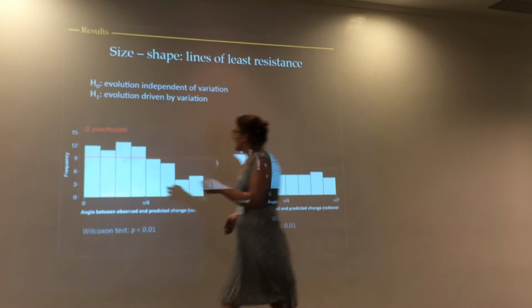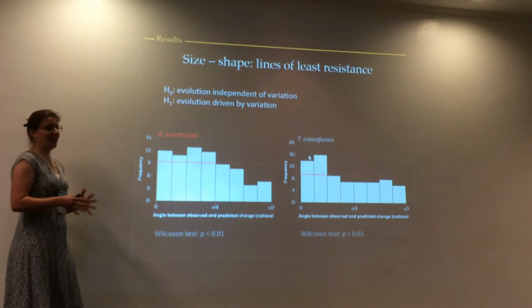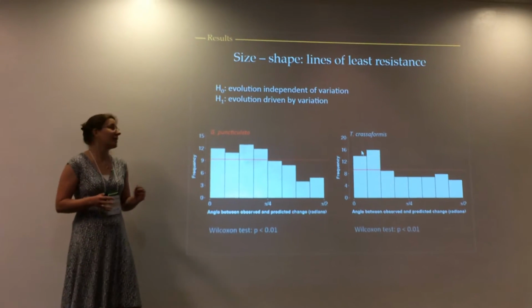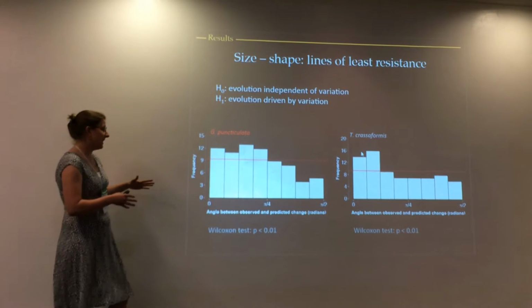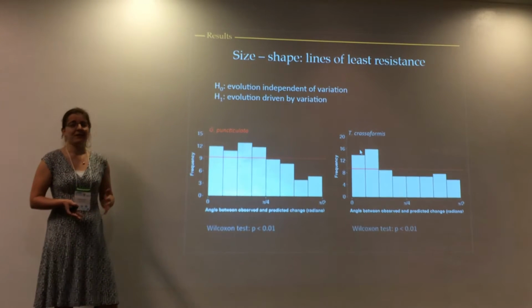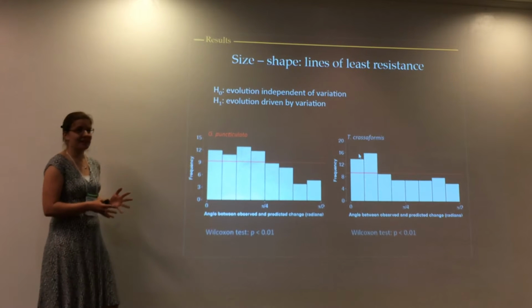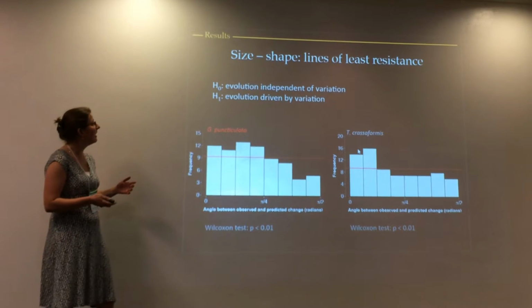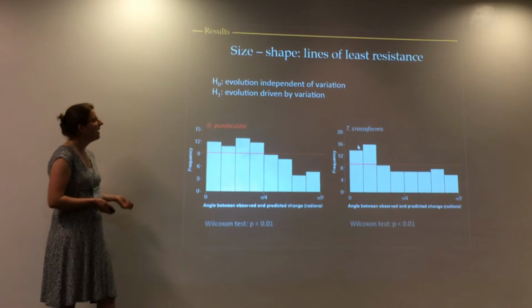Starting with Reticulata, this red line indicates the number of angles you'd expect if they were completely randomly distributed. But we see there's actually a significant number of angles between 0 and 1/4 pi radians, so that's between 0 and 45 degrees. That means they are quite small, and that means evolution of the species seems to be driven by the variation in the species.